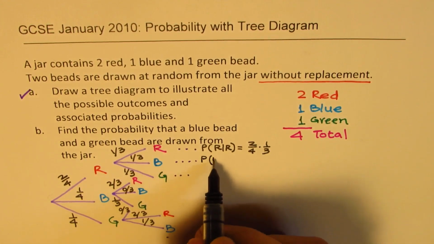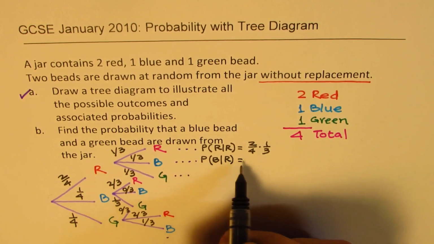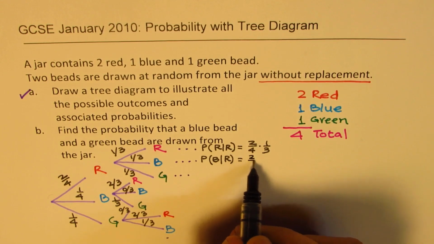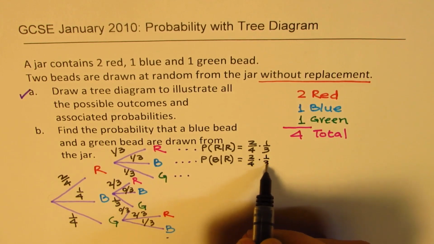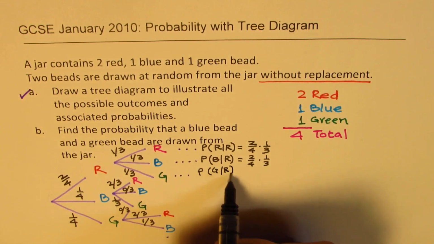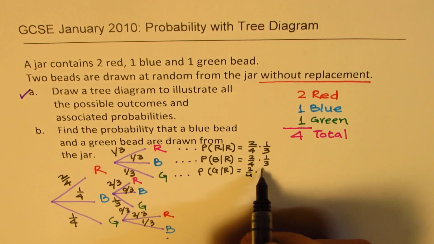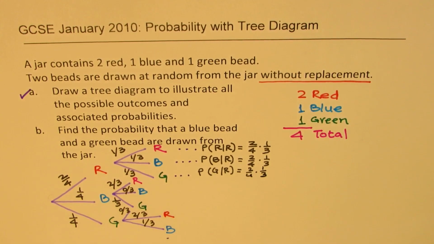Now similarly, you can read the others. So this is probability of B, the blue, when we know we already got red, right? So here again, it is 2 over 4 times 1 over 3. Now in this case, it is probability of green when we know we got red earlier. So we get 2 over 4 for the red and 1 over 3 for the green.